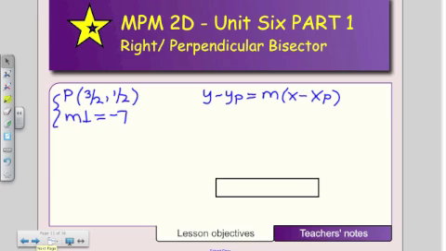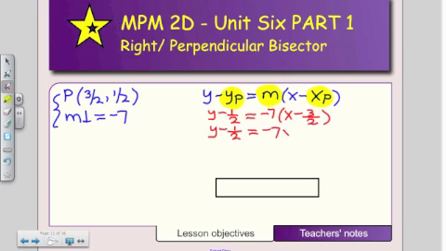So I'm going to substitute values into y, x, and my slope. So y minus 1/2 is equal to negative 7 times x minus 3 over 2. Using the distributive property, y minus 1/2 is equal to negative 7x plus 21 over 2.